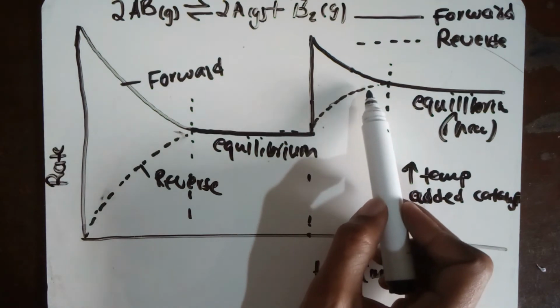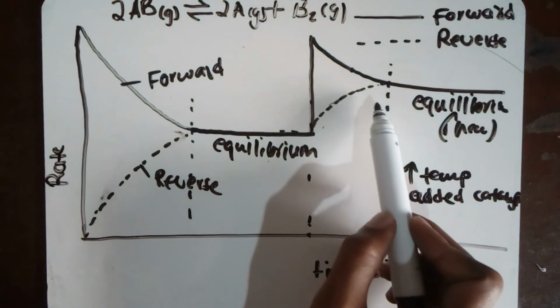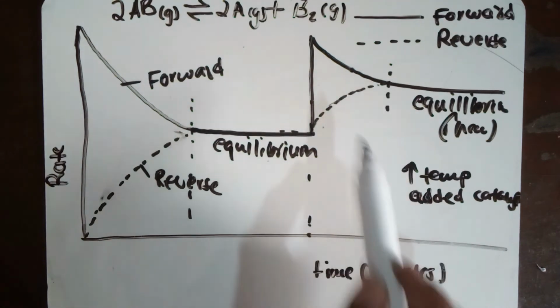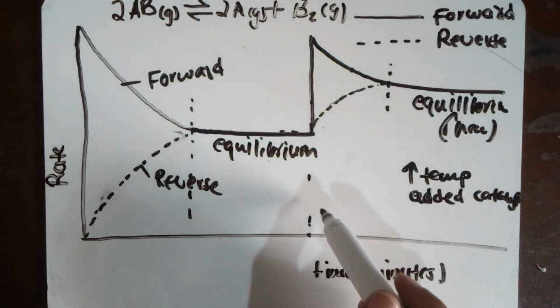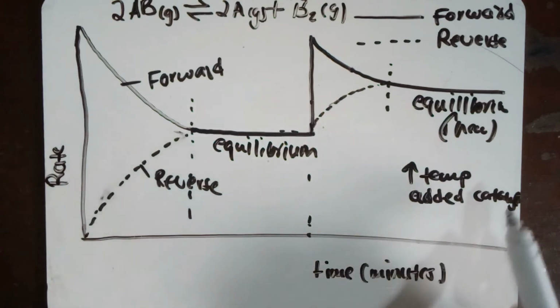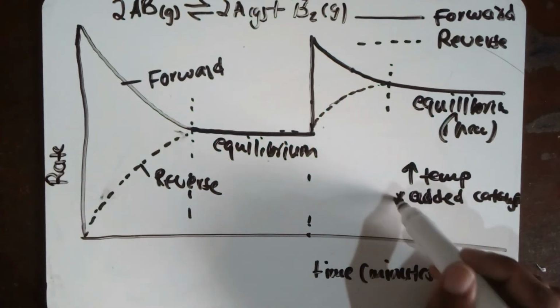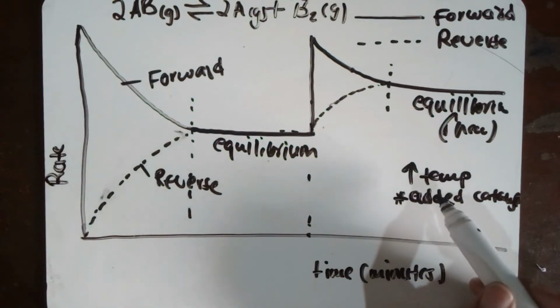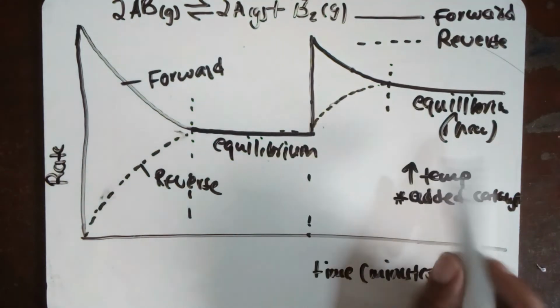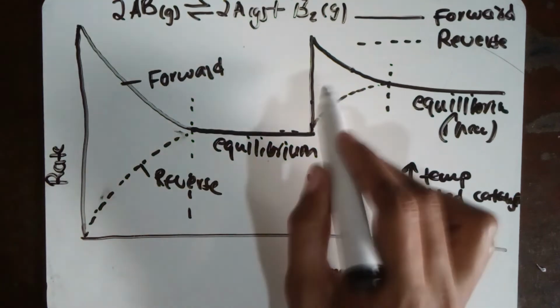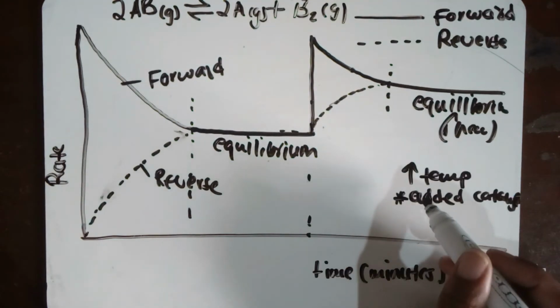So what is this telling us? This is telling me that whatever change was applied at this time here, it must have been a change in temperature. Why? Because if it was a result of a catalyst, what a catalyst does is make sure that both the reverse and the forward reaction are increased equally.